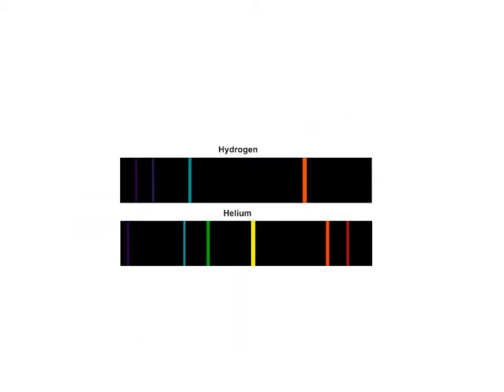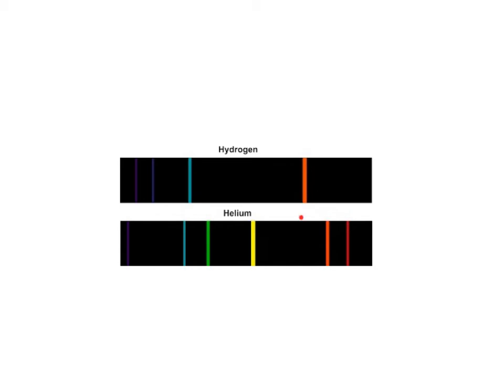So just looking at one example here, we can see that the wavelengths of light given off by hydrogen are very different to the wavelengths of light given off by helium. So each band of wavelength here will just correspond to one particular drop down from a higher energy level to a less high energy level, further from the atom to closer to the atom.